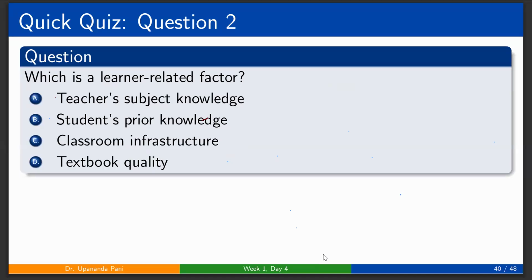Now let's see the next question, which is a learner related factor. Options: teacher subject knowledge, students' prior knowledge, classroom infrastructure, textbook quality. B, learner related factor. Okay, very good. Chinmay has the same answer. Manushree is also saying the same answer. Now let's see what the answer is.